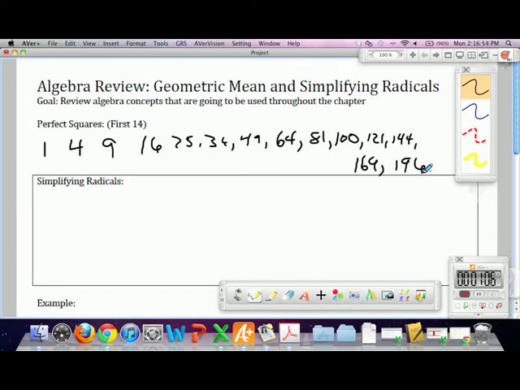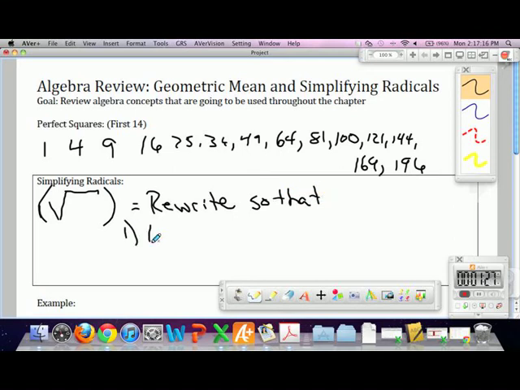When we're simplifying radicals, radicals being square roots, remember, a radical sign is a square root sign. We're going to rewrite them so that there are no perfect square factors under the radical.